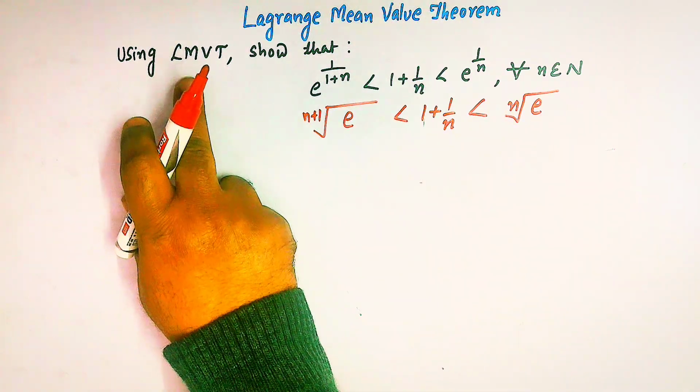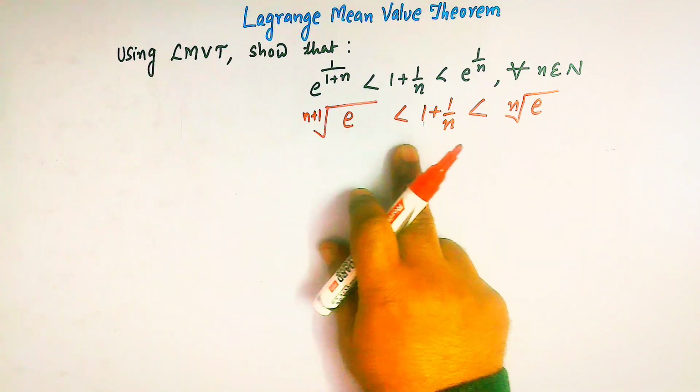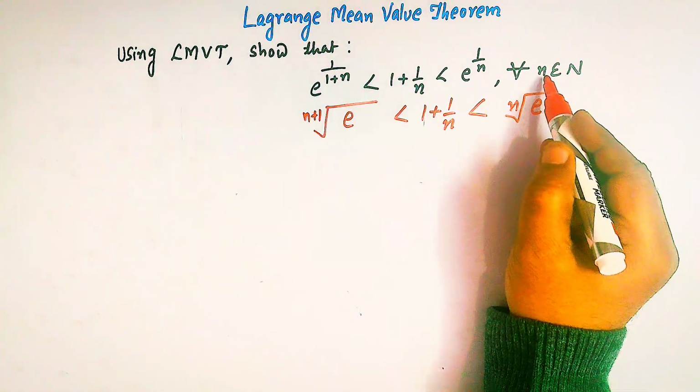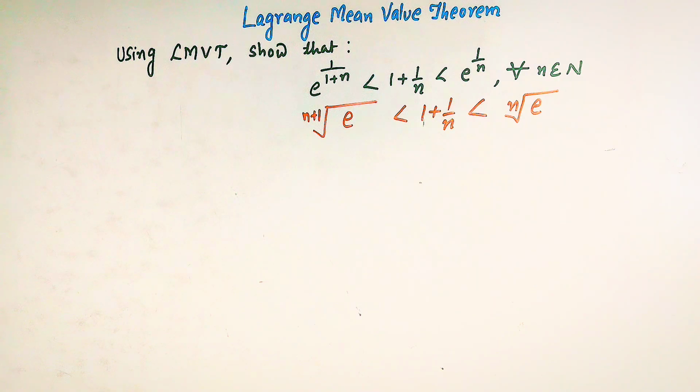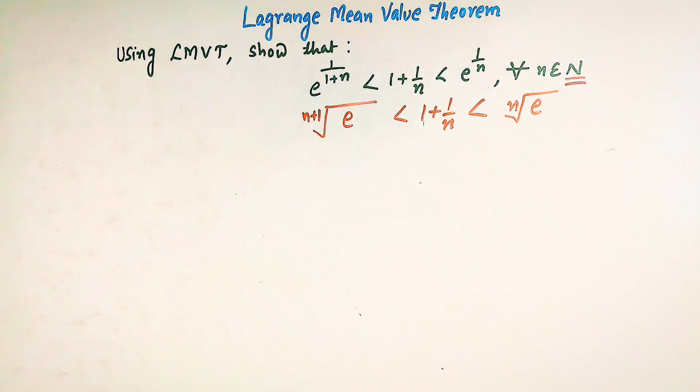So using the Lagrange mean value theorem we will show that this inequality holds for all values of n belonging to the set of natural numbers. Here the capital N denotes the set of natural numbers.